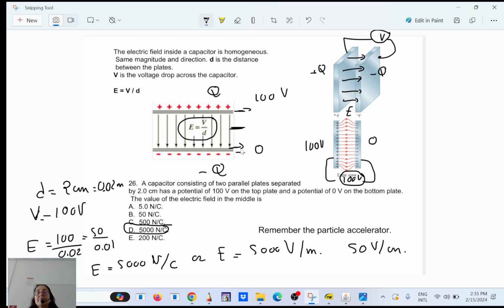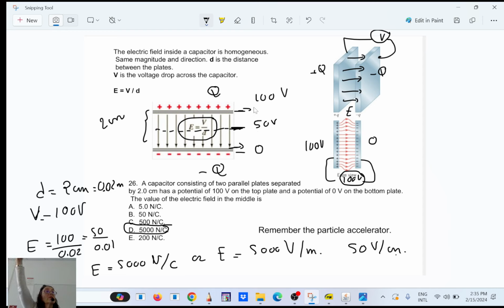Do you understand? So this is 2 centimeter and you have 50 volt per centimeter. So how much voltage are you going to have here? For every step of 1 centimeter, you are losing 50 volt. So how much volt do you have here? 50, very good.